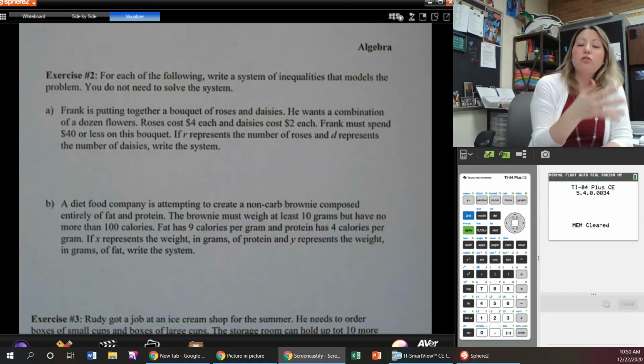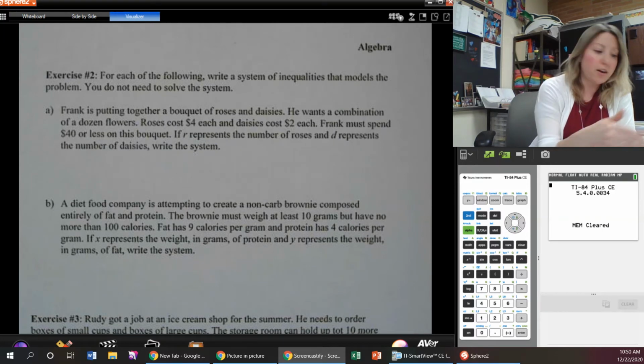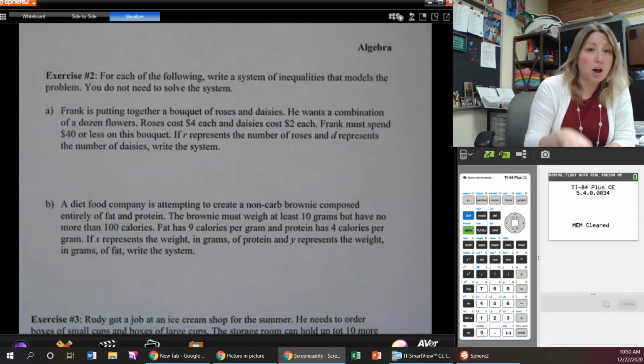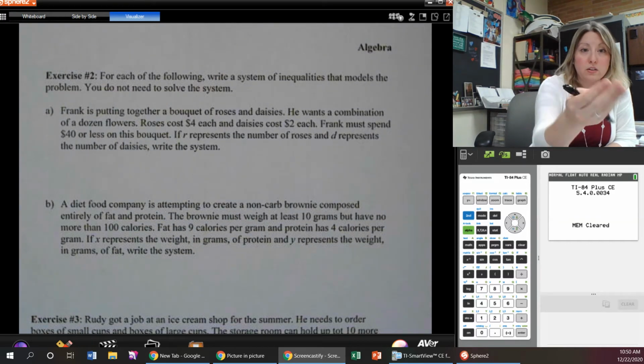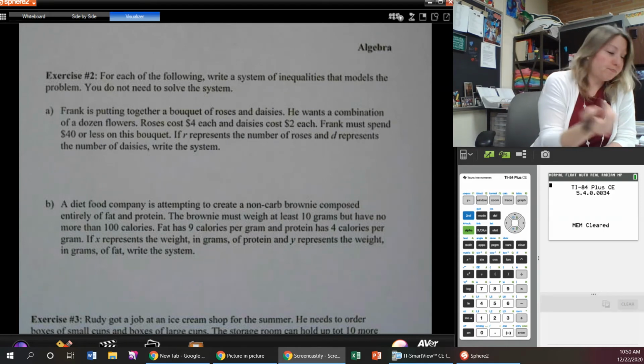So let's just label our x and y as variables and create our inequalities, okay, in these two problems, because that's part of the homework tonight, is just labeling what x and y are representing, or in this case r and d, right? And then create your inequalities.